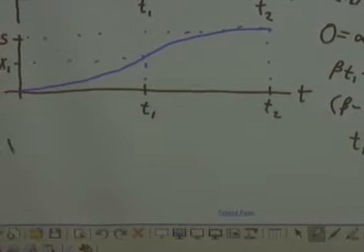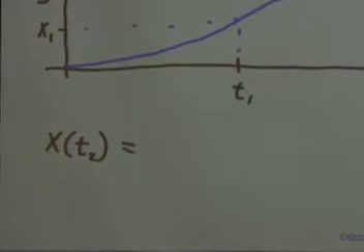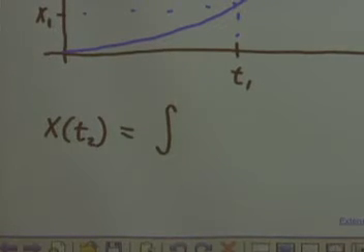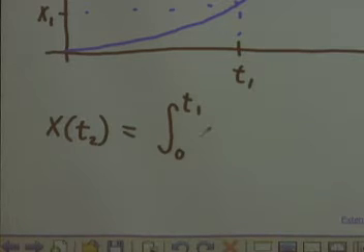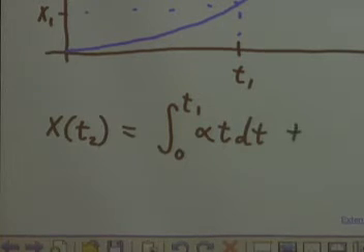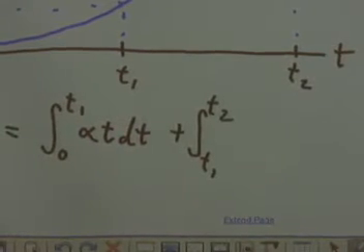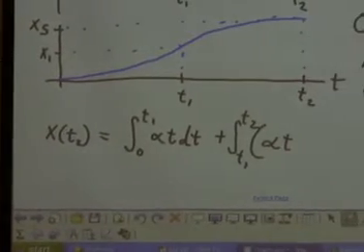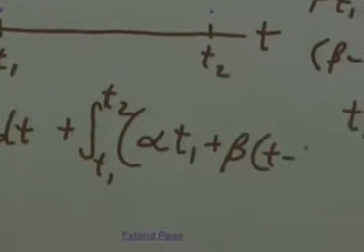So our x at time 2 is equal to the integral from 0 to t1 of the velocity curve, which, as I wrote above, is alpha t dt, and then we need to integrate from t1 to t2 the equation up above for that, which is alpha t1 plus beta times t minus t1.